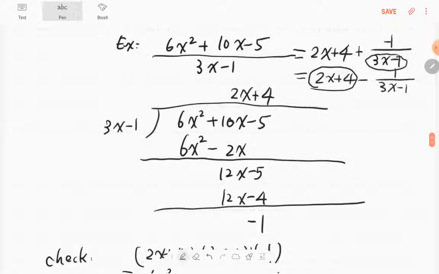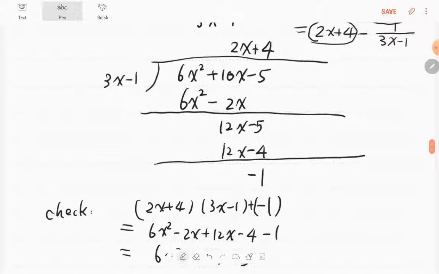Okay, and another important thing is how can we write the remainder in the correct form? We should write the quotient first, then put your remainder on the top divided by your divisor. Okay, so this one is your remainder, right? And this one is your divisor. You should put it into this form. This is the correct form.